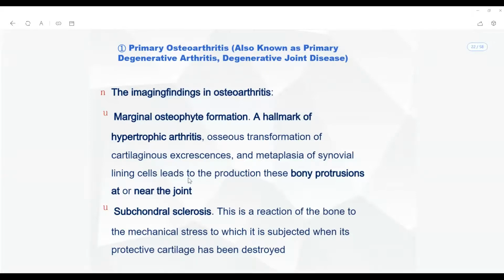Let me try to explain this one. When you are trying to see what are the possible movements at the knee joint, the possible movements will be flexion and extension, right? There will be no hyperextension because it is reduced by the patella, right?